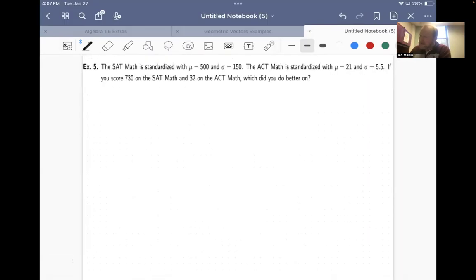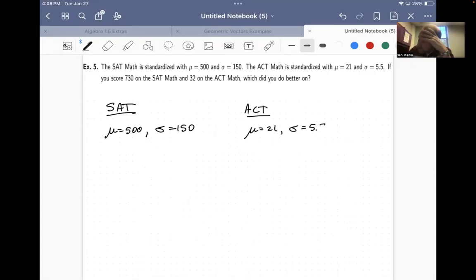Then example 5 says the SAT math is standardized with the mu being 500 and the sigma being 150. Okay, so I'm going to jot down over here SAT mu is 500 and the sigma is 150. The ACT is also standardized, and for that, the mu is 21 and the sigma is 5.5.